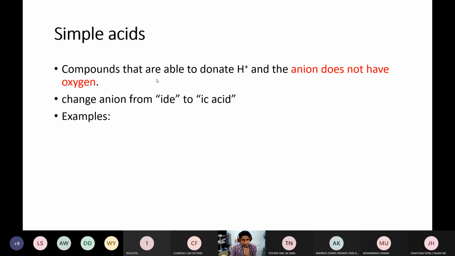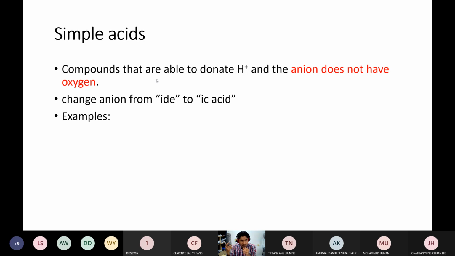So compounds that can donate one hydrogen ion, and where the anion does not have any oxygen, will be a simple acid. When there is oxygen, that falls in a different category, the oxo acids. We will get there in a bit. So simple acids have no oxygen and are able to donate a hydrogen.